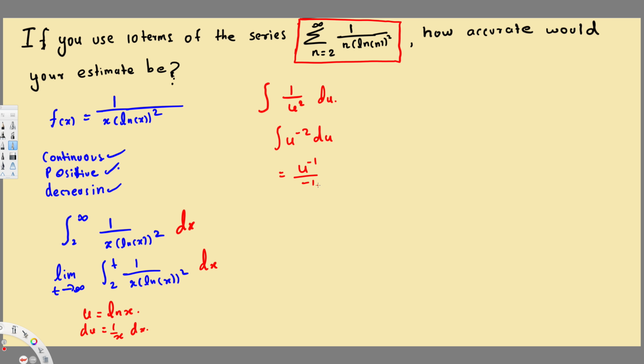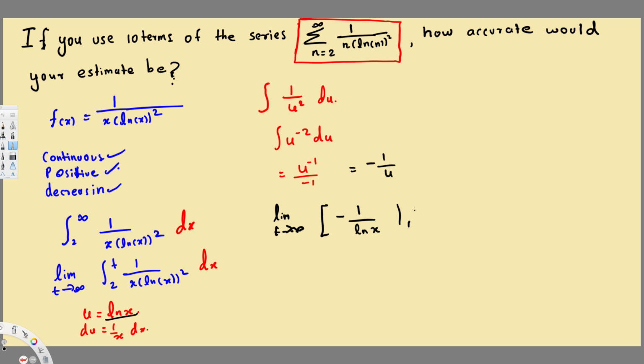Then all we have to do is plug in the original value, that is u is ln x. Let's take the limit as t approaches infinity. Let's bring the u to the bottom, because u to a negative power means 1 over u. So we can write this as negative 1 over u, which is negative 1 over ln x.